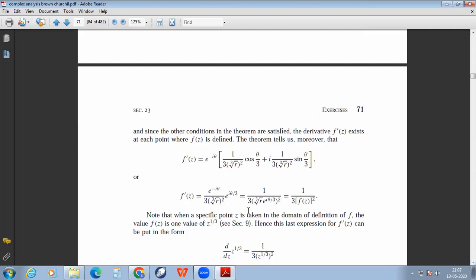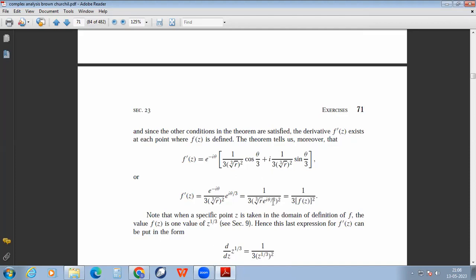So they have given the derivative here in the same language, only they have carried it to the denominator. This is r raised to 1/3, this is e raised to i theta by 3, and they are squaring it. Whereas we have written it as r raised to 2/3, e raised to i times 2 theta by 3, and that was in the numerator with minus sign.